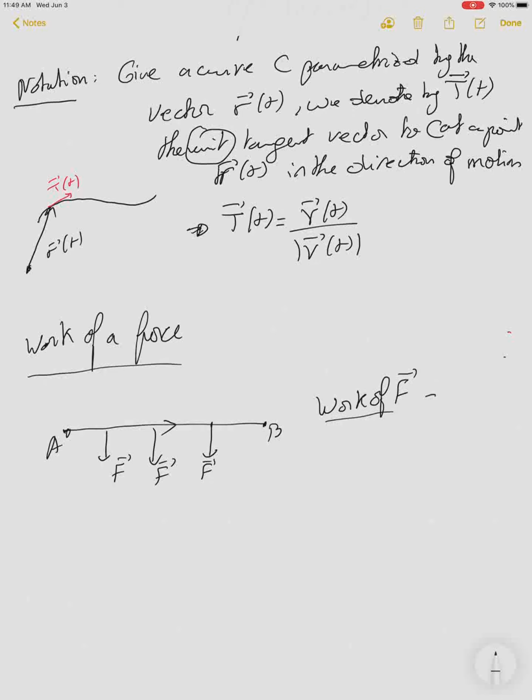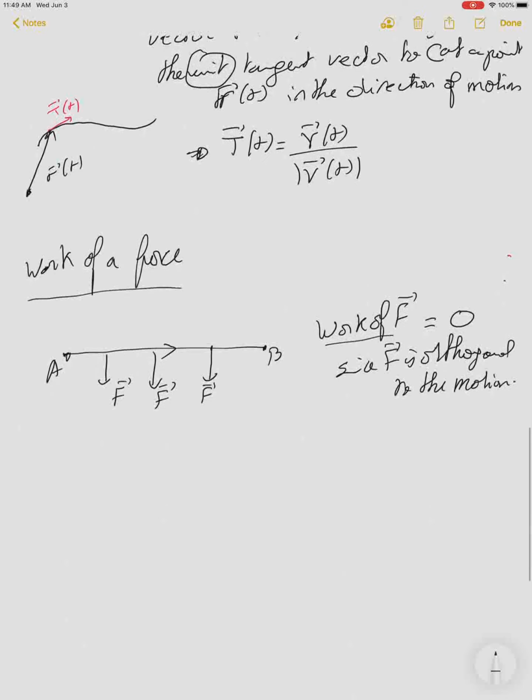You should know that the work of F is equal to 0, because F is orthogonal to the motion. Do you agree?